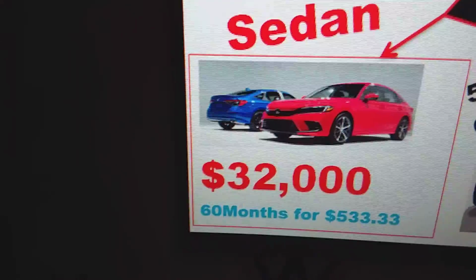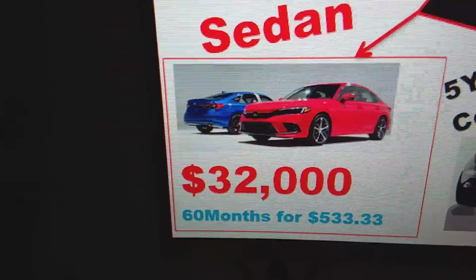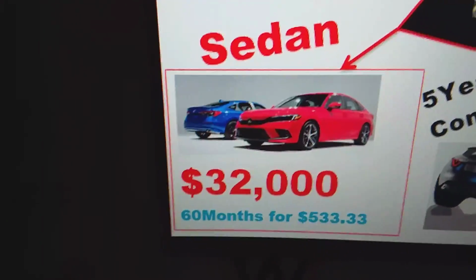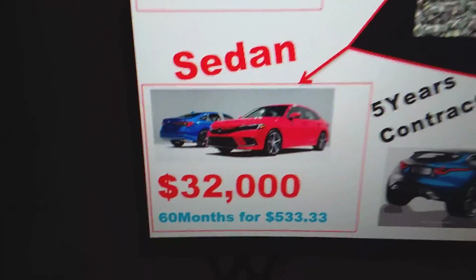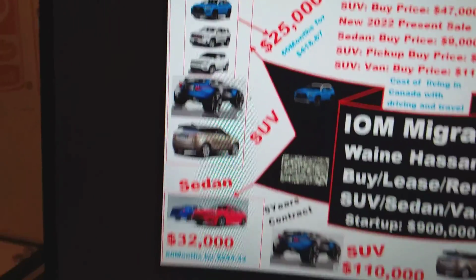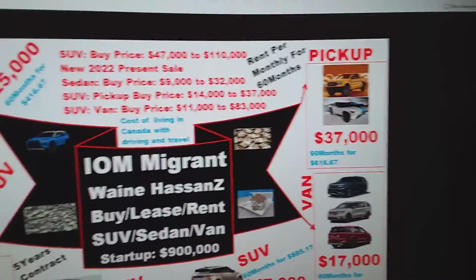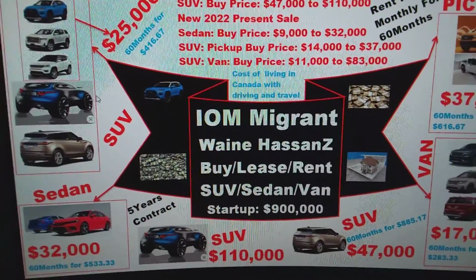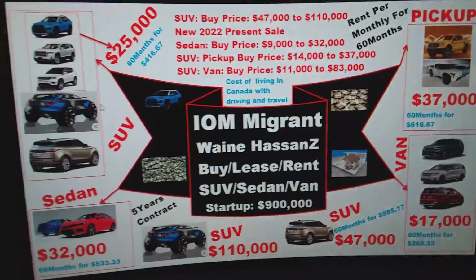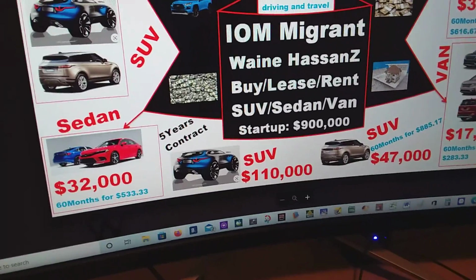For 60 months, that is roughly $533.33. That is SUVs, sedans, vans, pickups, basically the amount on the vehicles.